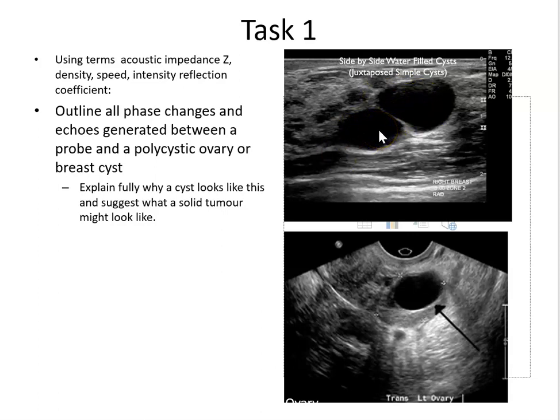You've seen a picture of a polycystic ovary earlier. These are cysts. So what I want you to do is draw a diagram using all of these terms to explain why a cyst looks like this as a black dot, and explain why we get a hypo-echoic region.